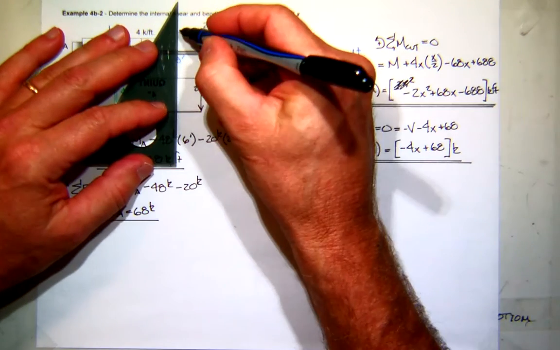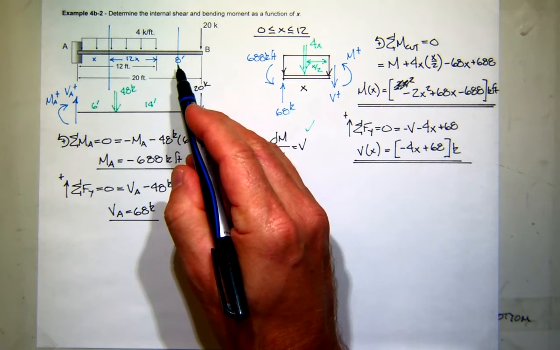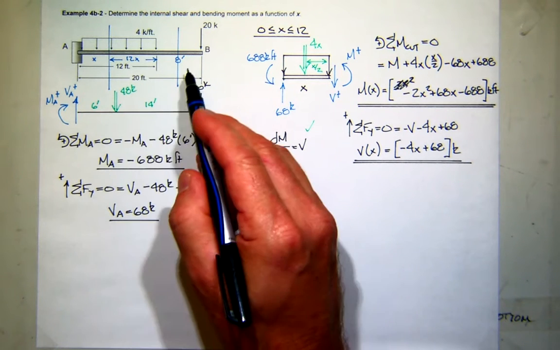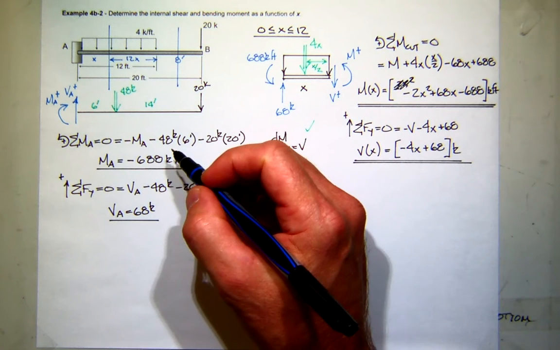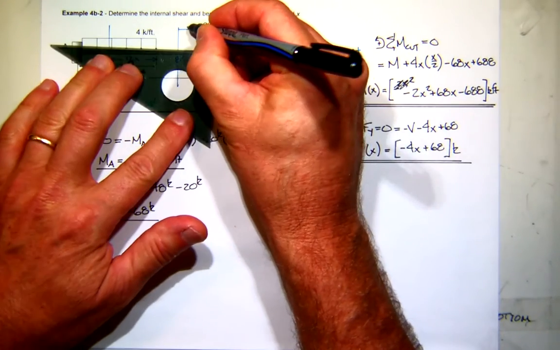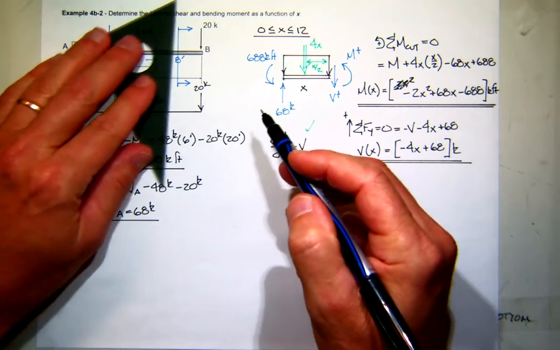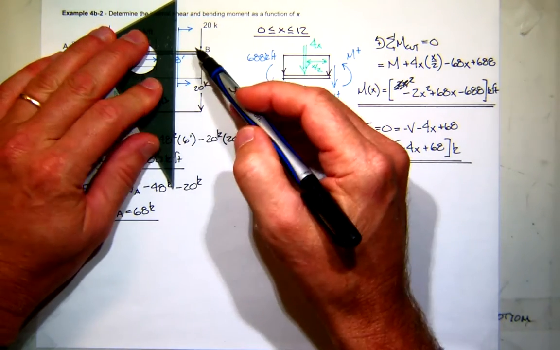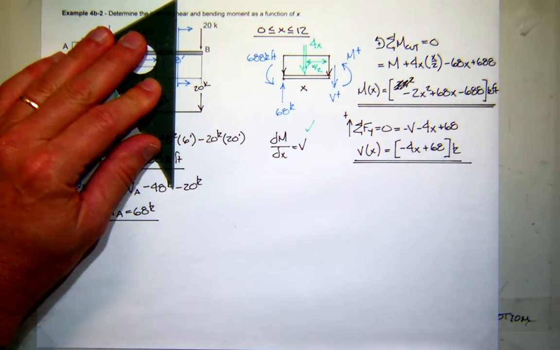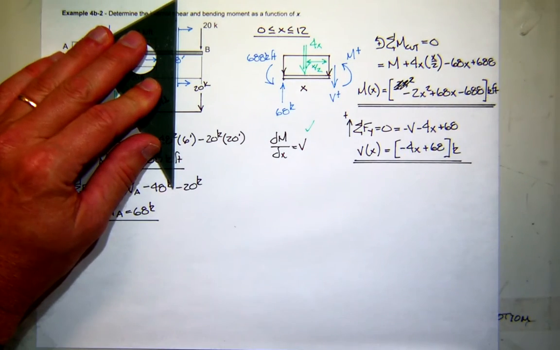So I'll make a cut somewhere here. Now, a little hard to see. You want to work the left side or the right side? Right side. So I'm going to redraw that so it'll be a little easier to see. Lots of advantages here. Just looking at the right-hand side, I don't care what the reactions are. So if I had made a mistake with the reactions, they're not going to filter into this equation.